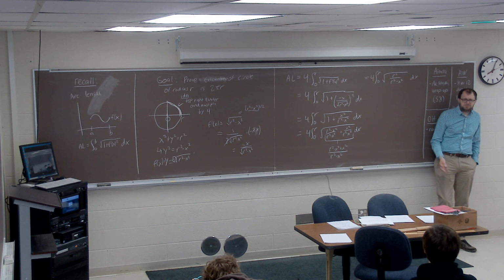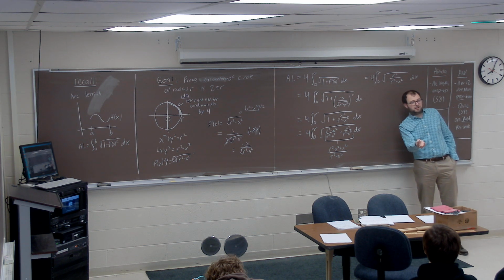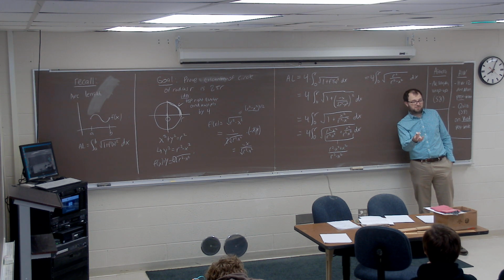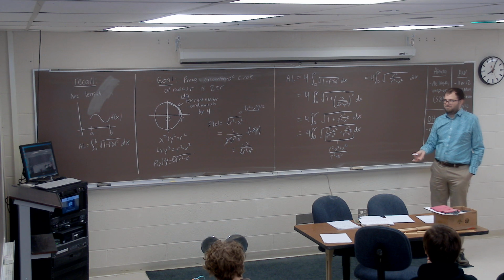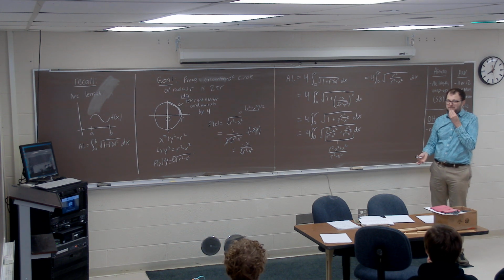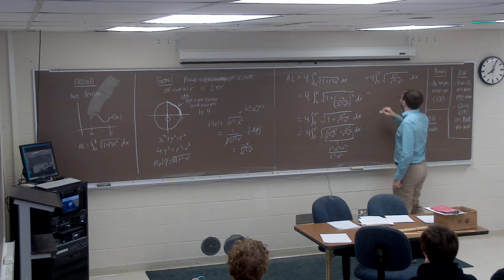So where can we go from here? Jonah? Could you factor out the r squared and just take it out of the integral? I think so. Nora, did you have a question, or are you going to give a suggestion? Well, yeah, I was going to say that, and it also looks a lot like an inverse trig value. That's interesting.